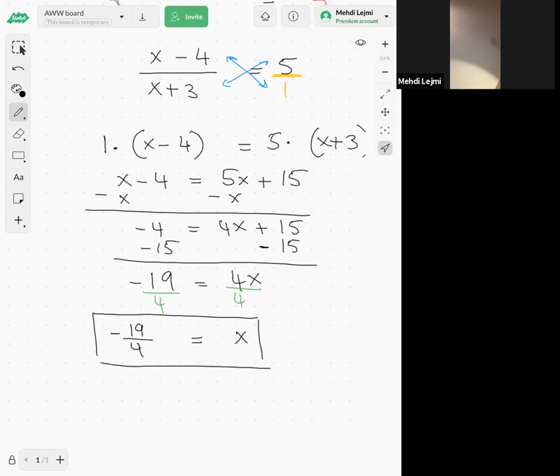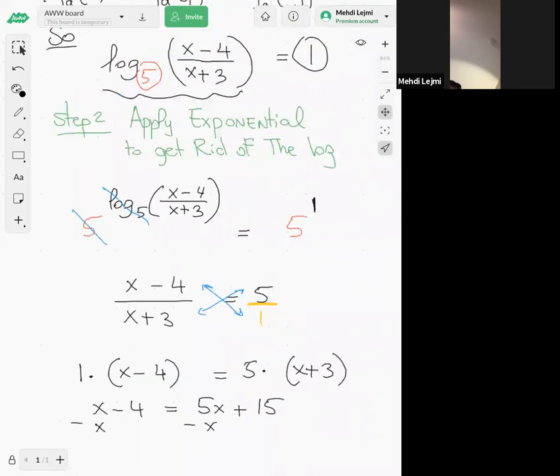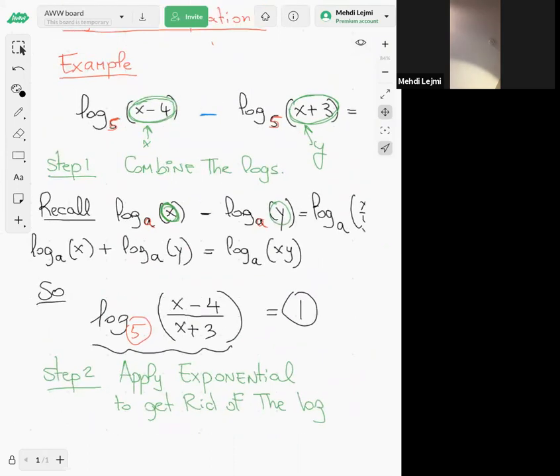So we are not done yet, guys, because there's another last step. Remember, we said we can only apply log on positive numbers. So if you have log in base 5 of x minus 4, then this x minus 4 must be positive.